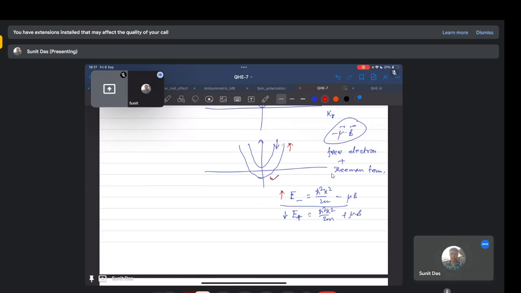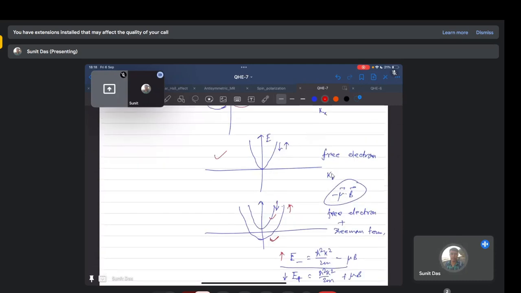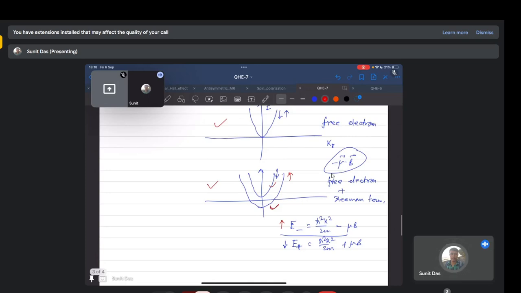If the spins are anti-parallel to the applied magnetic field direction, then the energy is going to be higher. So we had this free electron case, and if we apply the Zeeman term on top of the free electron, considering the spin Zeeman coupling, then we'll have this kind of band structure.